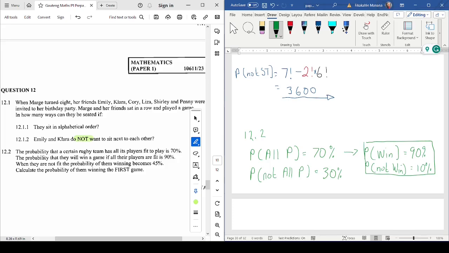When they are not fit, the probability of them winning becomes 45%. Okay, so over here, the probability that they will win becomes 45%, which means the probability that they will not win under these conditions is 100 minus 45, that should be 55.